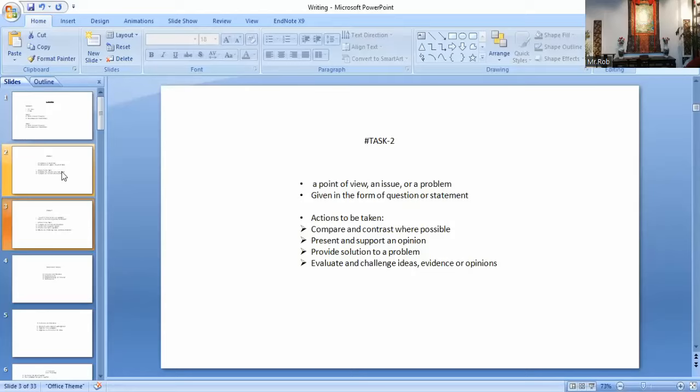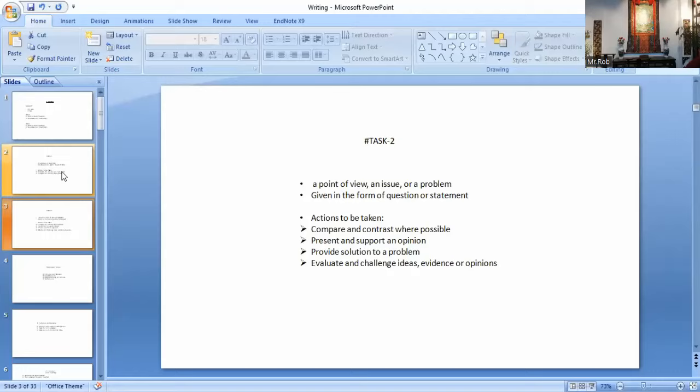Whereas in task 2, you will be given a point of view, an issue, or a problem. It is given in the form of question or statement, and therefore you have some actions to be taken.